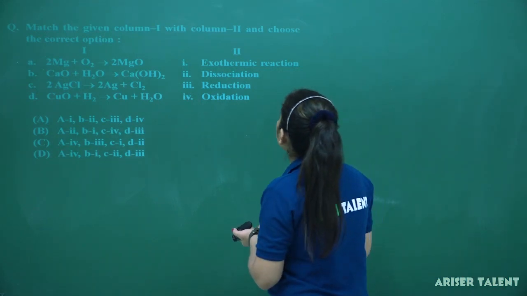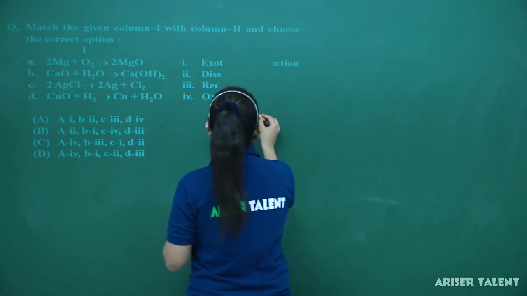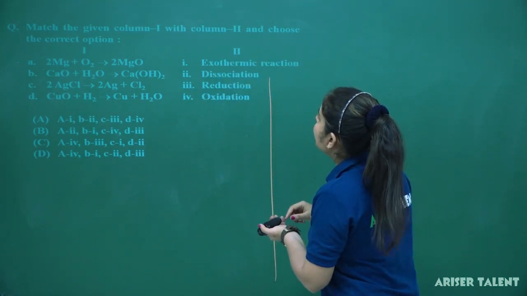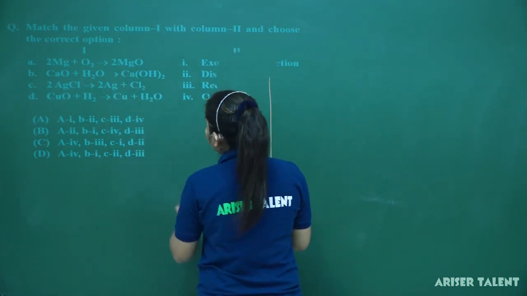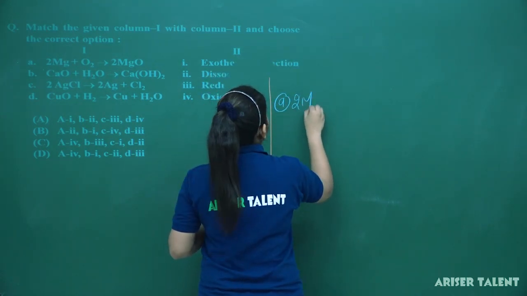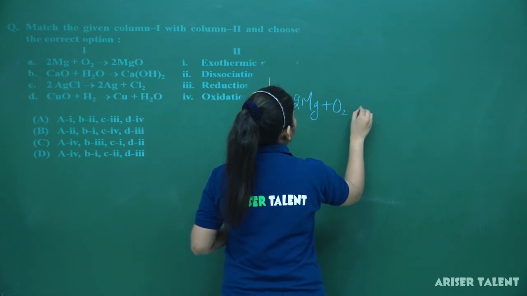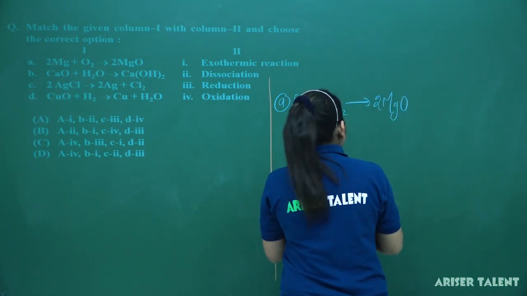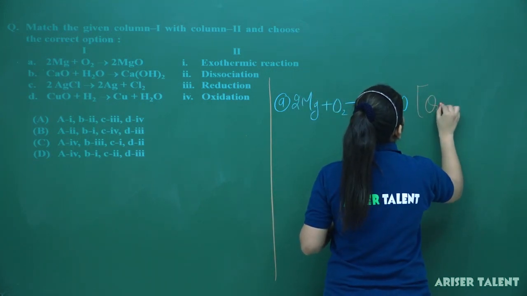It means this type of reaction is an oxidation reaction because oxygen is combined in this equation. So our first equation, 2 Mg plus O2 gives 2 MgO, is a kind of oxidation reaction.